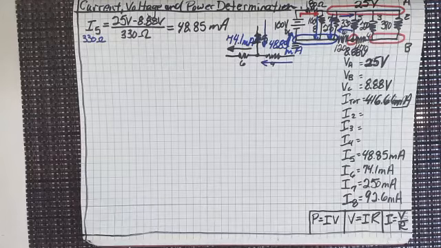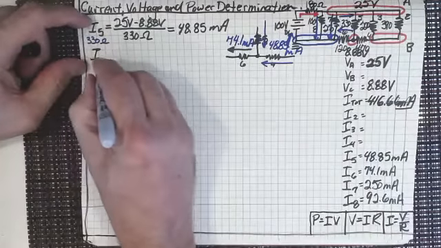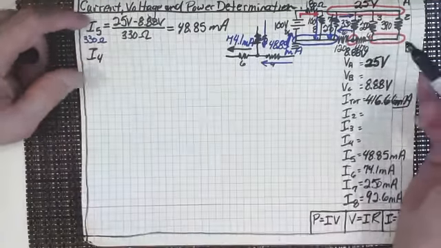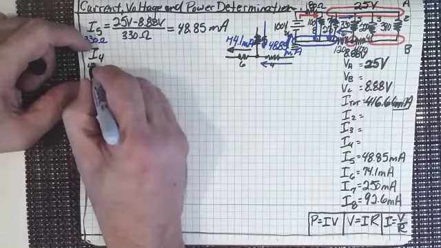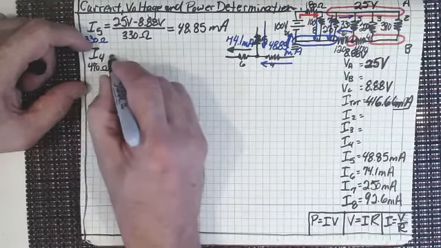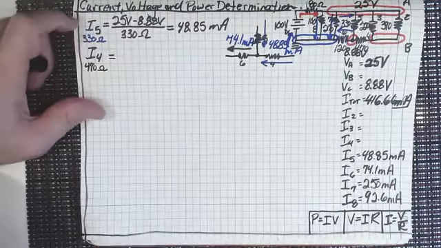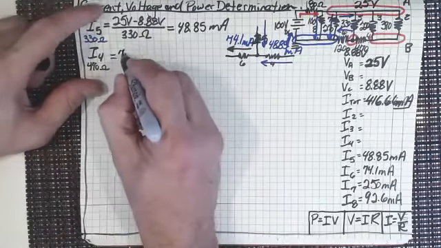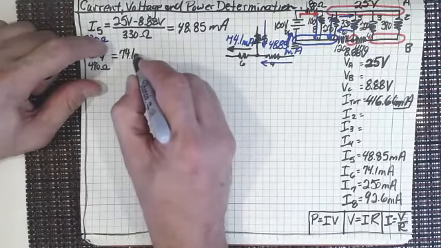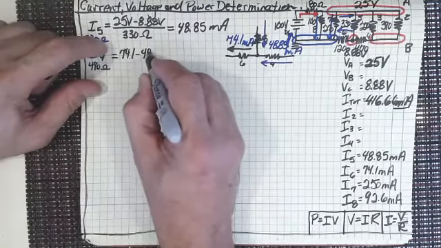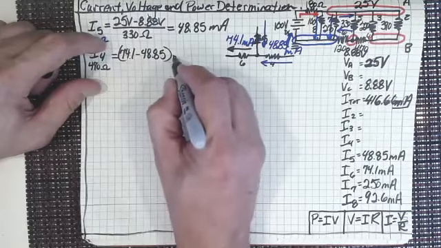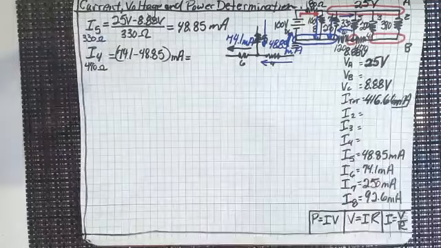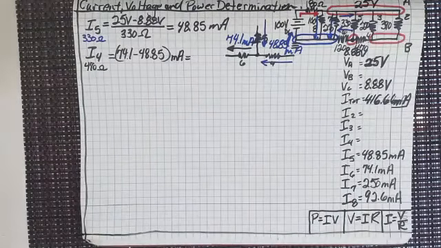What is I4 going to be? I think everybody can see that I4 is a 470 ohm resistor, but I4 is going to have 74.1 minus 48.85 milliamps flowing through it.